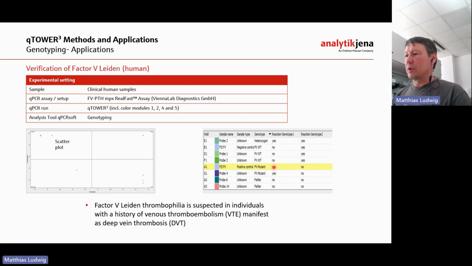And if you have only information about genotype number 1, the software knows, okay, this is homozygous for factor 5 mutant. And then we also give you some errors or failures, for example because we have no CT value. The reason could be an issue with the extraction or some inhibitors, because in principle you should get a signal for one of these two different alleles.